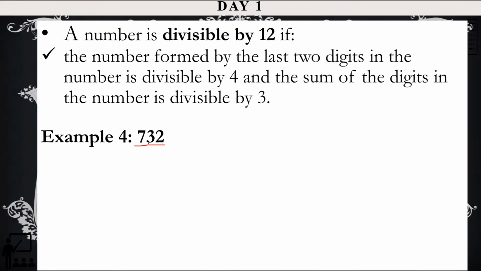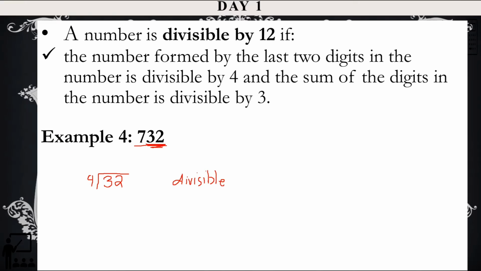So, 32, kunin natin yung last 2 digits, which is 32. And then, we need to check if this is divisible by 4. So, let's try to check if this is divisible by 4.